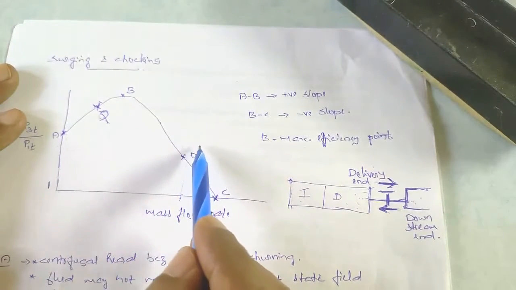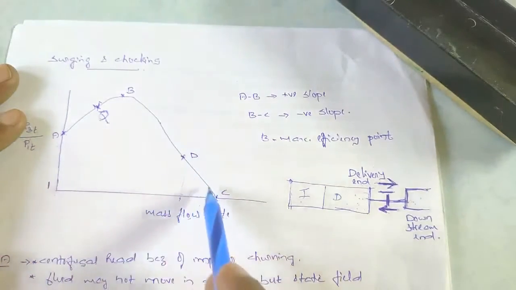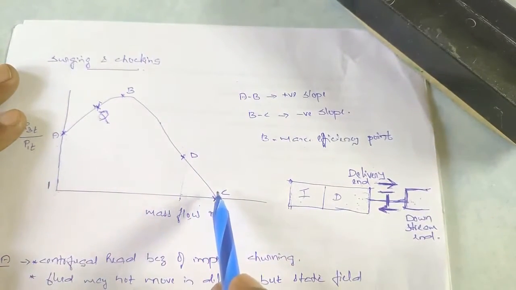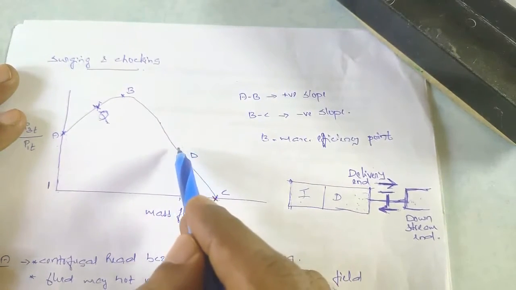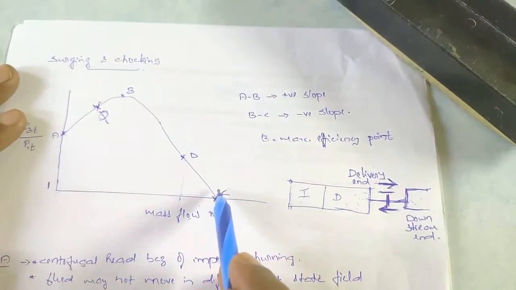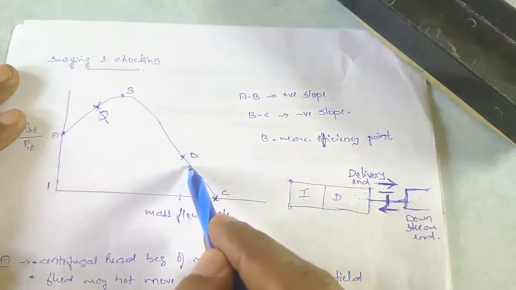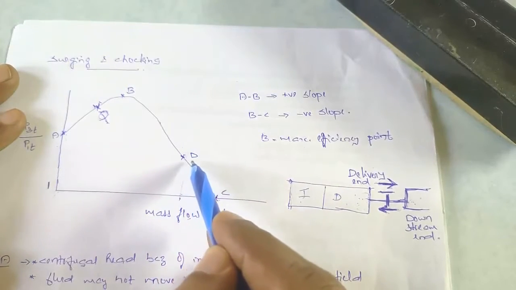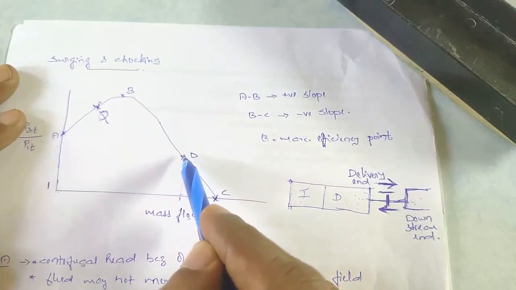At a point around D, depending on the operating speed of the compressor, the velocity of flow will reach the sonic level. So if the velocity reaches the sonic level, the mass flow rate cannot be further increased by adjusting the delivery valve. This point where the velocity of flow reaches a sonic level is known as the choking level.